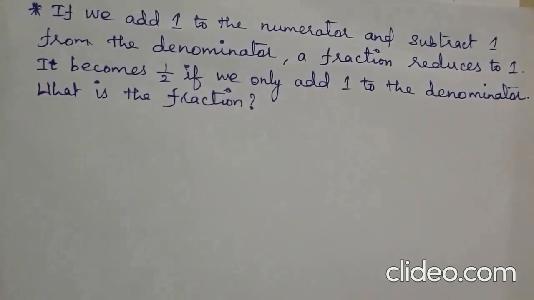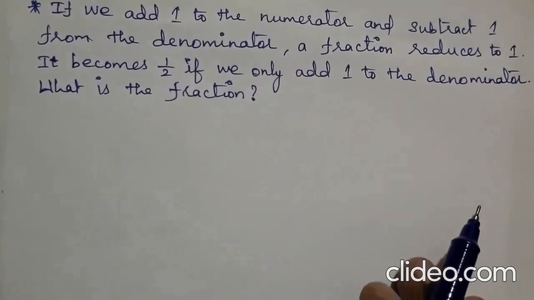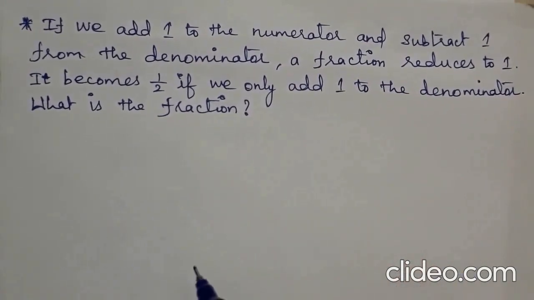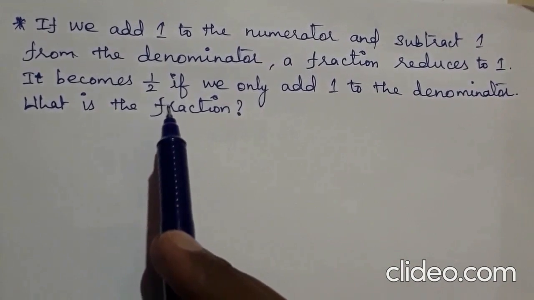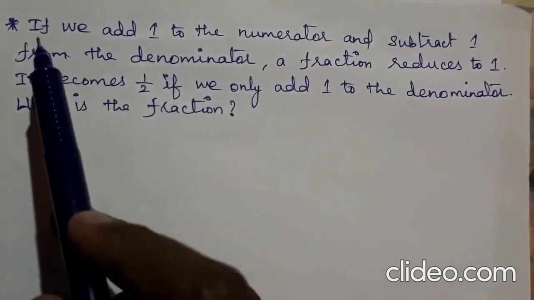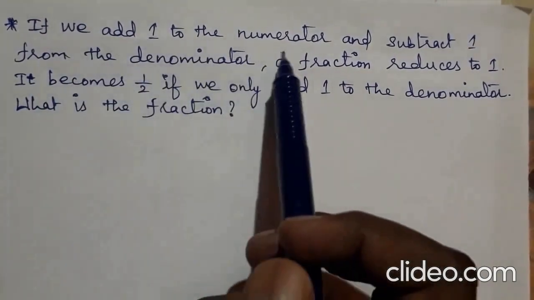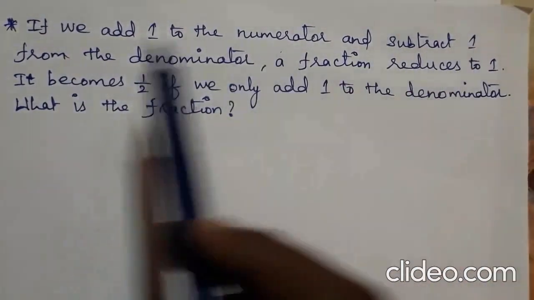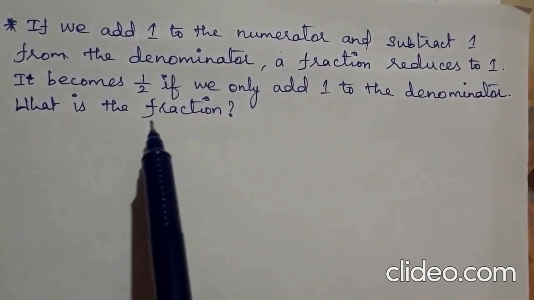So from the statement we have to make equations, then solve them. From the conditions we have to find the equations. So first condition, if we add 1 to the numerator and subtract 1 from the denominator. Here we have to find the fraction.